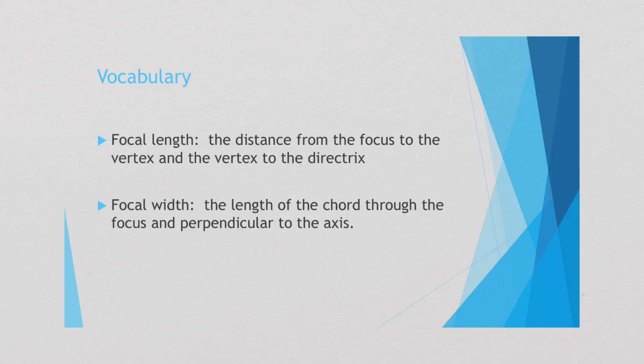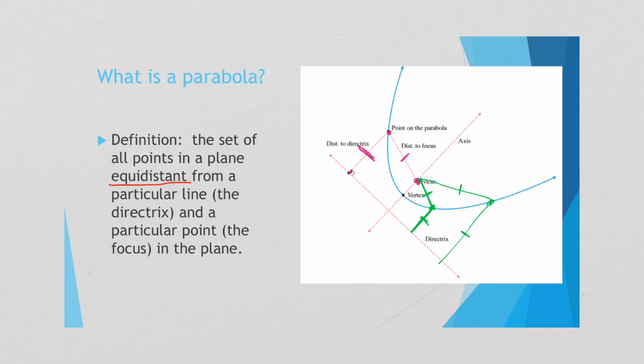So we have some vocabulary that we're going to have to make sure we understand. We need to understand focal length. This is the distance from the focus to the vertex and the vertex to the directrix. So if I go back here and I look, this distance right here is the focal length.